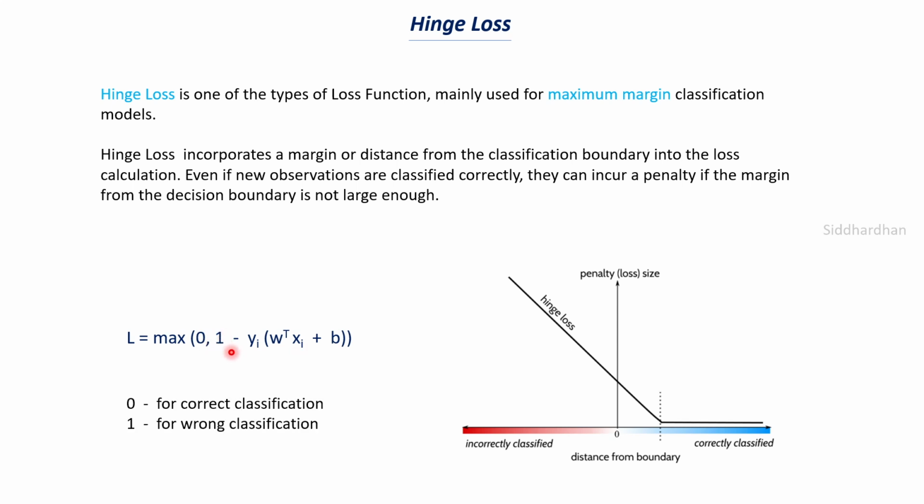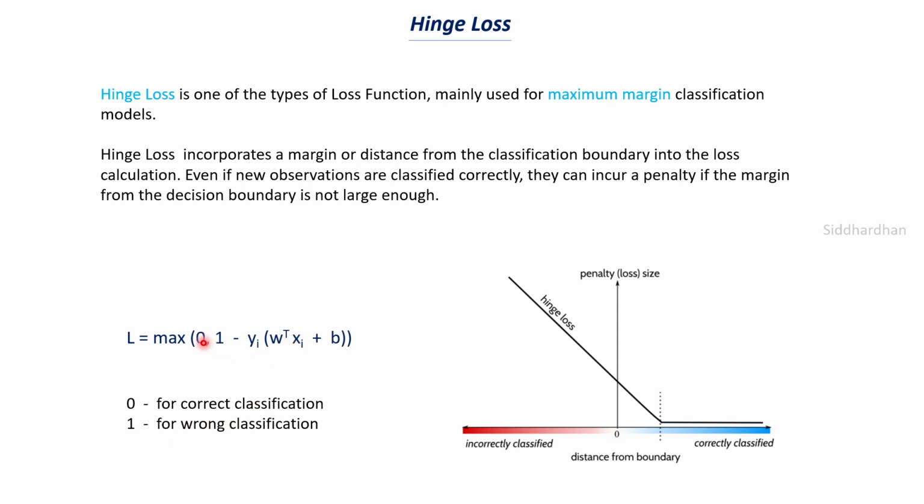When your model makes a correct prediction, you will take the value as 0. When you make a wrong classification, this equation becomes 1 minus yi into yi hat.